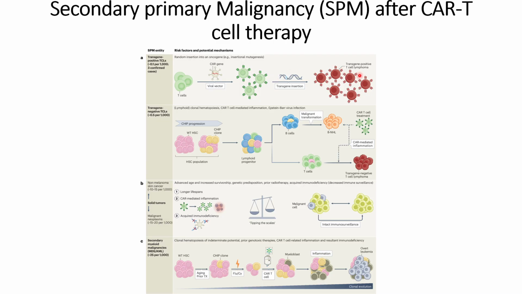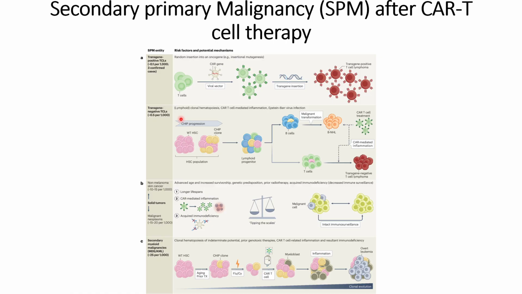In that case, the transgene-positive T cell lymphoma could be formed because of random insertions inside these viral vectors, or insertional mutagenesis, or you can say that mutagenesis occurs during this whole process. The transgene-negative T cell lymphoma cases occur in around 0.5 per 1000 patients treated with CAR T cells, based on the data they have got so far.